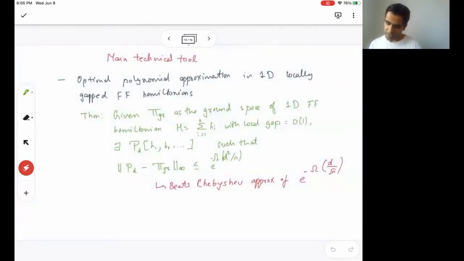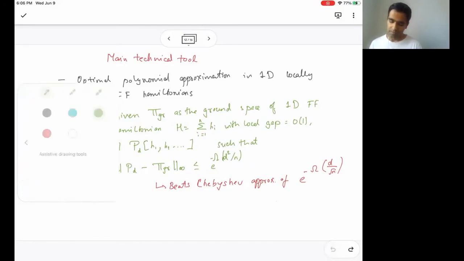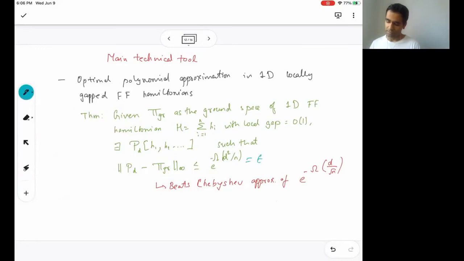What we can show essentially is that given the ground space of a one-dimensional frustration-free Hamiltonian, which looks like this, with a constant local gap, let's say, then there is a polynomial P, not of the Hamiltonian, but a multivariate polynomial of all these local terms of the Hamiltonian, such that P approximates the ground state with an error which scales with degree as d squared over the number of particles. So if I set this equal to epsilon, then d would be roughly root n log 1 over epsilon.